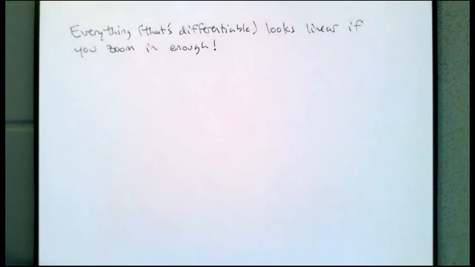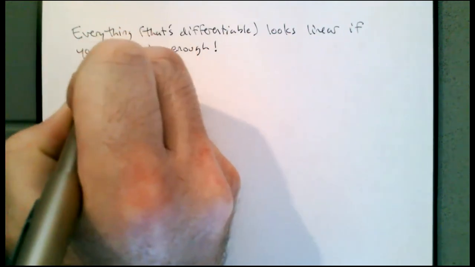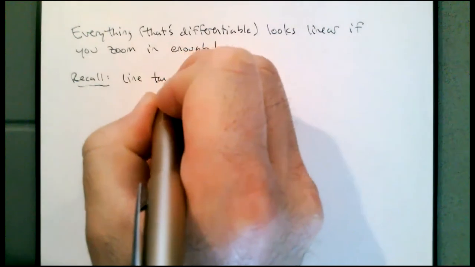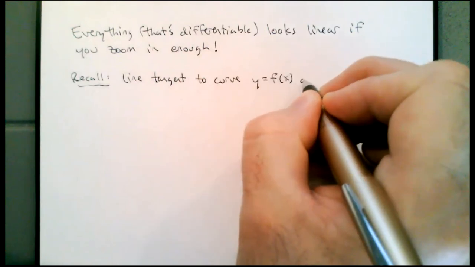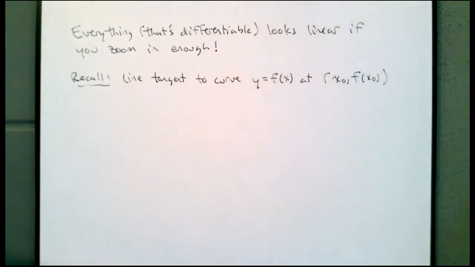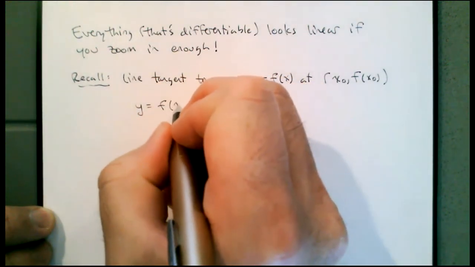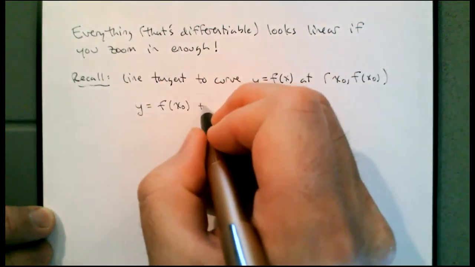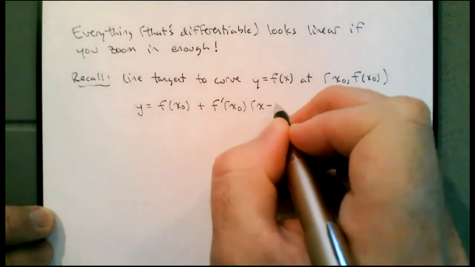So if you would recall, the equation of the line tangent to a curve given by this function, say y equals f of x, at the point x naught, f of x naught, is y equals, start off at f of x naught, the slope is the derivative evaluated at the point, and we just write the point slope equation of the line.